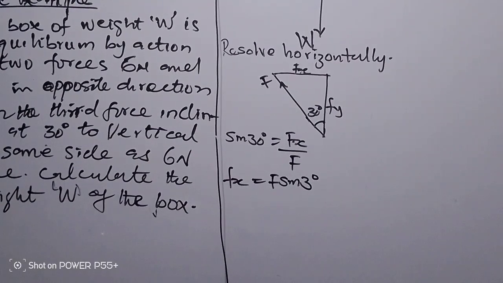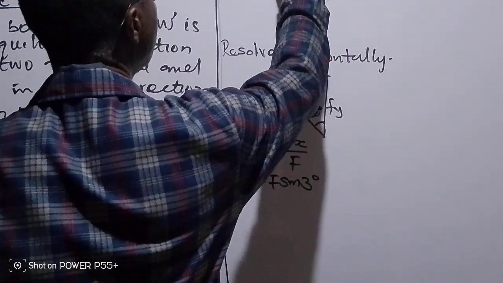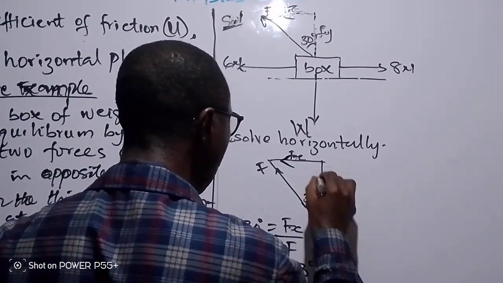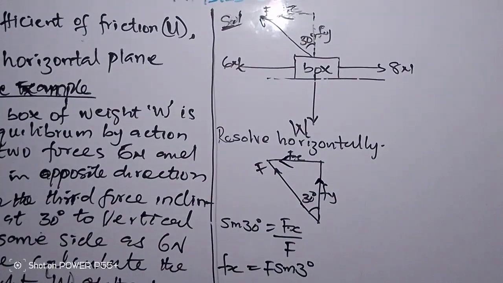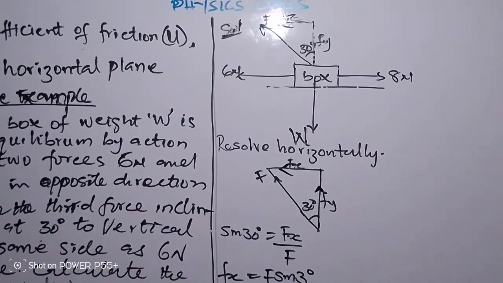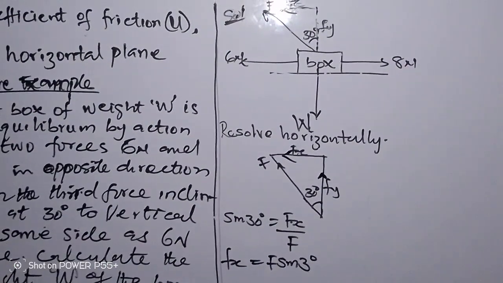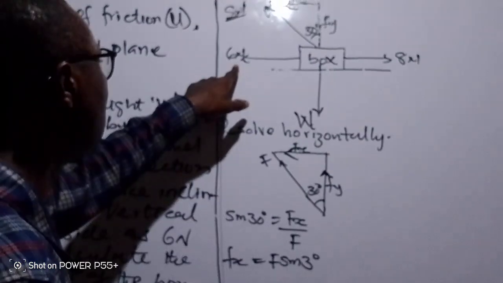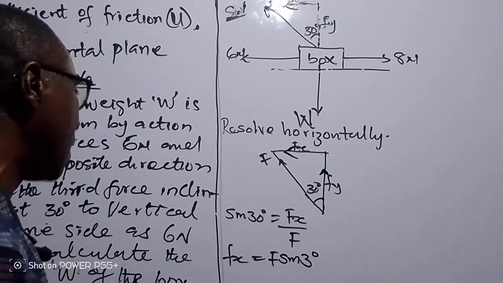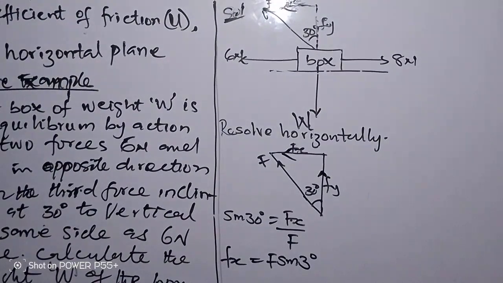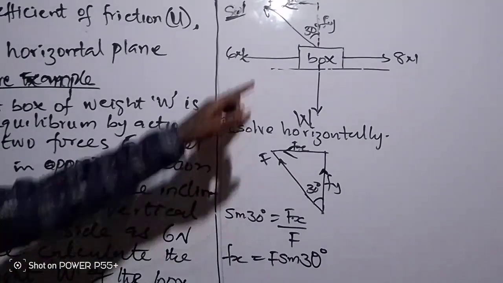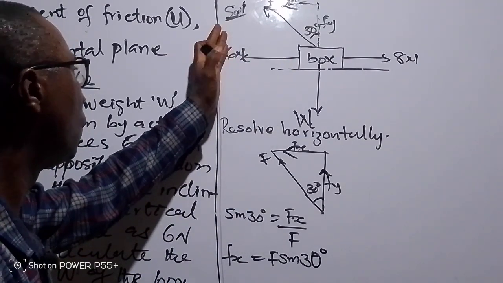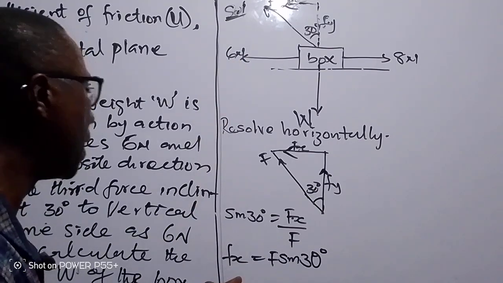Now, if we resolve it horizontally, look at the direction of the Fx. Because the question says the same side as 6 Newton, and this is 6 Newton, it means the Fx and the 6 Newton are on the same side, facing the same direction, according to our diagram. So now if you look at this horizontal component, we have two forces here, the 6 Newton and the Fx.